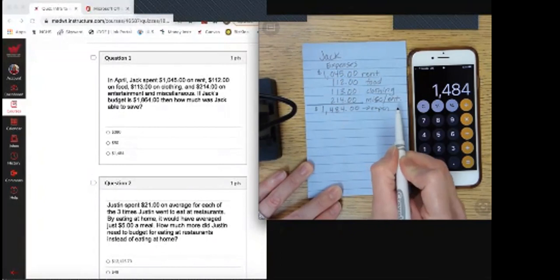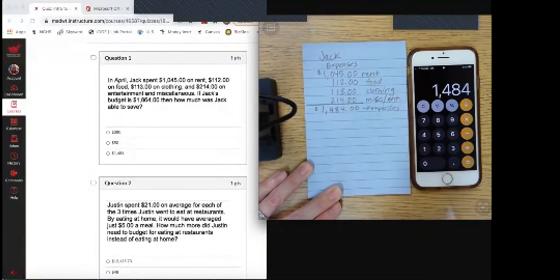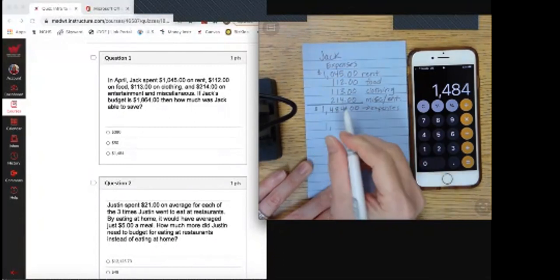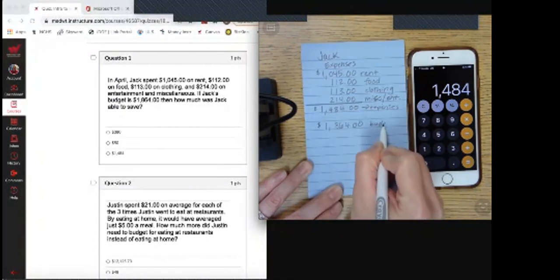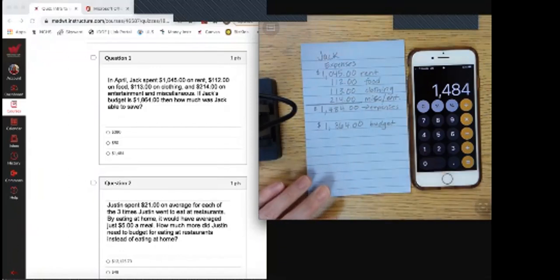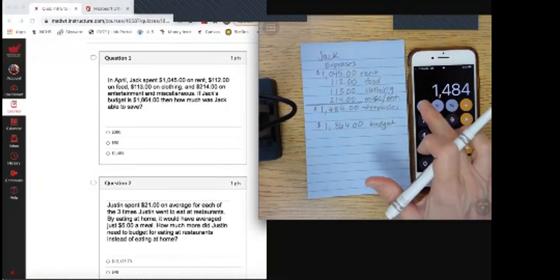Expenses, because this is the money he's spending. So expenses, spending, okay? And his budget was $1,864. Okay, this was his budget. So that's the money he had to budget for these things. So let's check now.